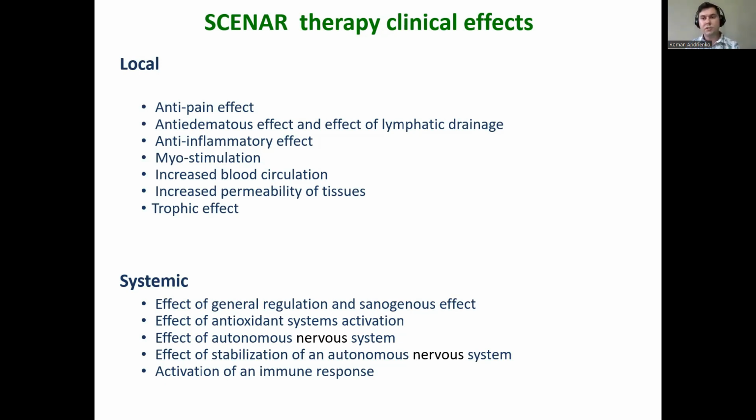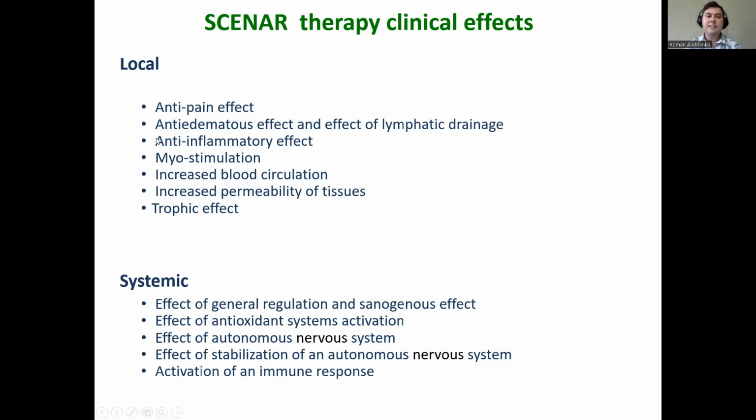So assume we have a domestic trauma of some certain kind. What can we get? We can be absolutely sure to get the anti-pain or analgesic effect, and this is one of the main purposes of Scenar. We're able to achieve an amazing anti-edematic effect and the effect of lymphatic drainage. So we're removing all garbage from the lymphatic system.